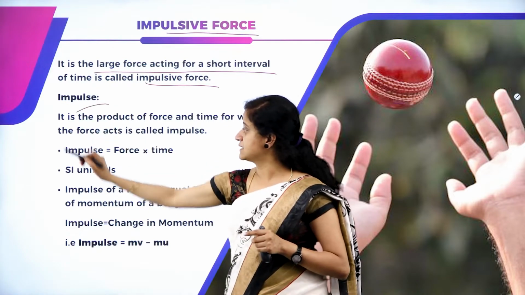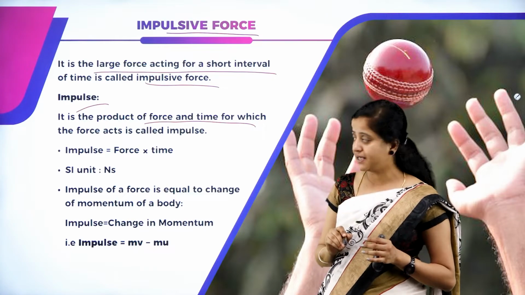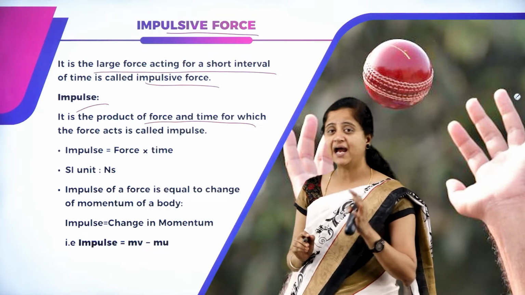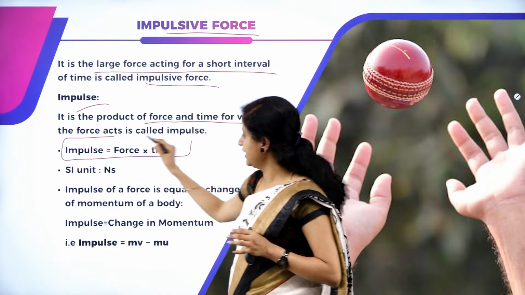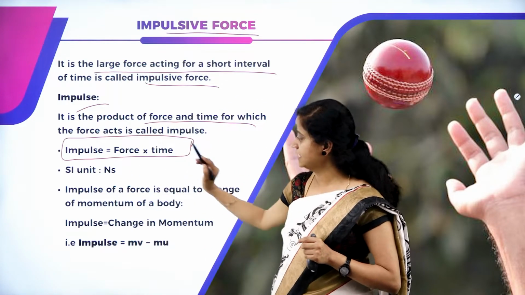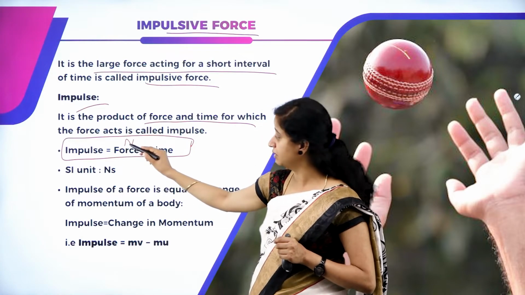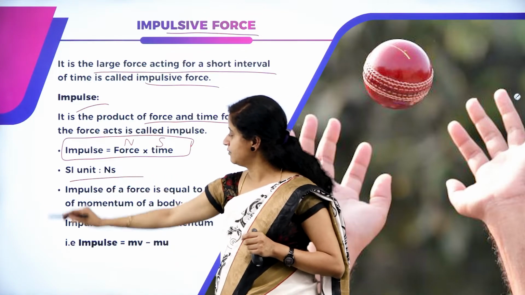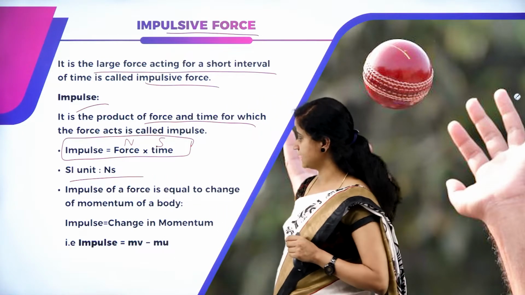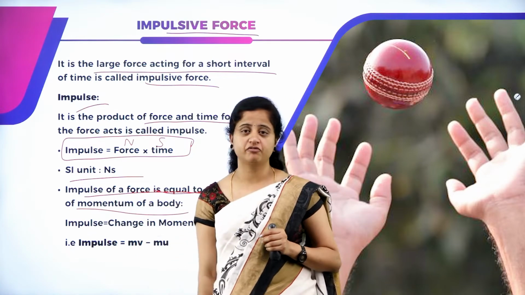What is impulse? The product of force and the time for which the force acts is called impulse, which means it is defined as the product of force and time. What is the SI unit of impulse? The SI unit of force is Newton and the SI unit of time is seconds. So the SI unit of impulse is Newton second. The impulse is equal to the change in momentum of a body.